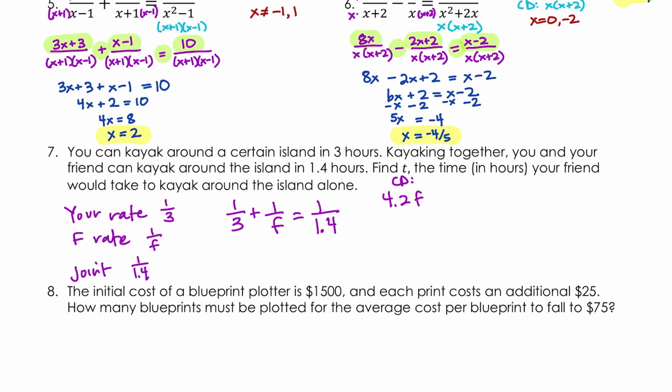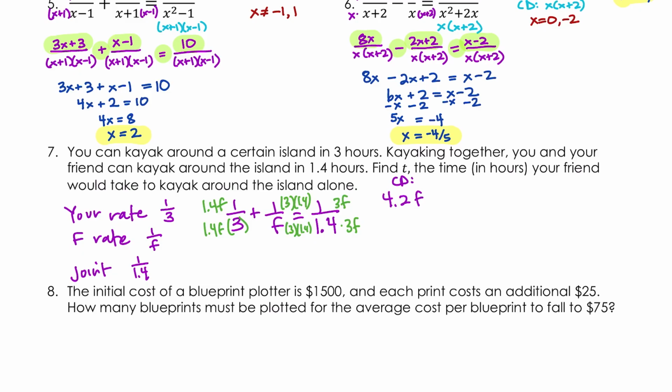So the 1/3 doesn't have an F and doesn't have the 1.4, so I need to multiply by 1.4F on the top and bottom. The next one has the F, but it doesn't have the 3 and the 1.4, so times 3 and times 1.4 on top and bottom. And the last one has the 1.4, and needs the 3 and the F.